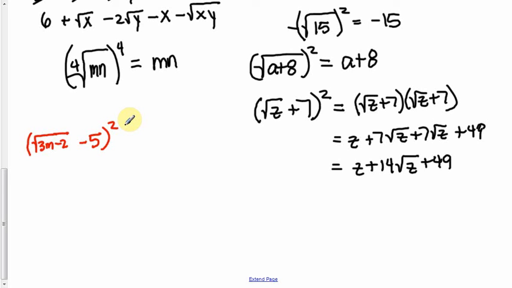So this is what I'm referring to. This is a little more of a challenge, okay? This means that you are doing the square root of 3m minus 2 minus 5 times itself. And you're going to FOIL it.